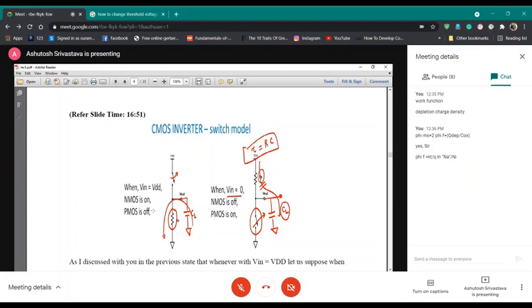So in this configuration, when your Vin, which is the voltage that you're giving to the gate of PMOS and NMOS transistor, becomes equal to VDD, the NMOS transistor is in the on state, while your PMOS transistor is in the off state.